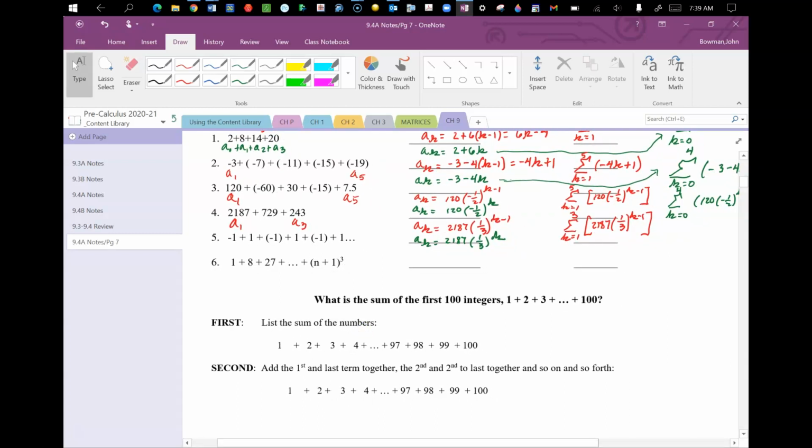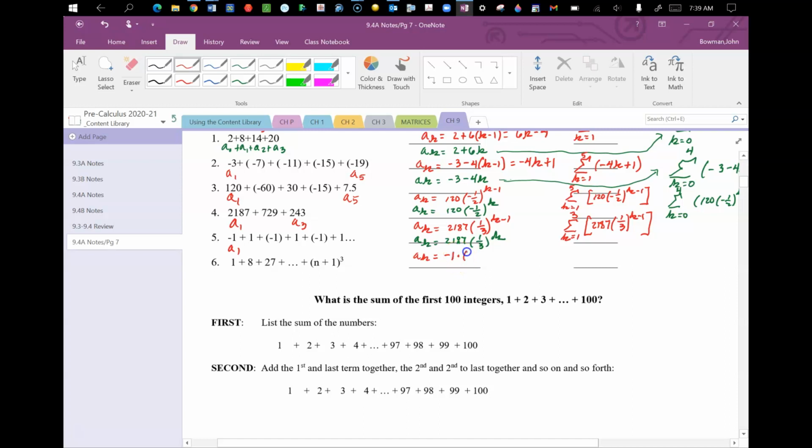The last two examples that we're going to do are pretty straightforward. We're going to start with the first term, we're going to call it a sub 1. And so in number 5, our explicit rule, a sub k is equal to the first term, -1. And you'll see the pattern here is that we keep multiplying by -1.